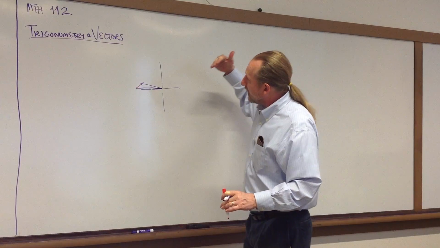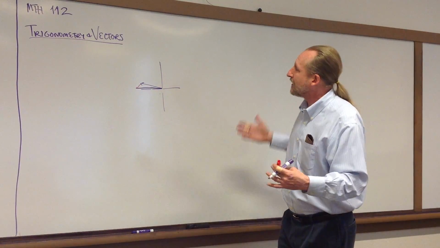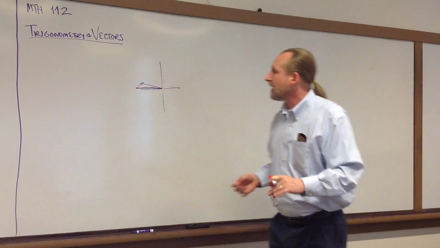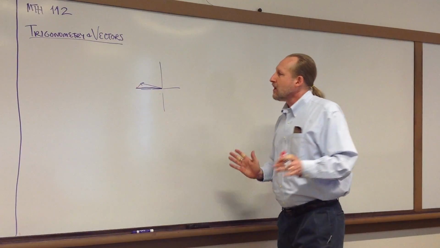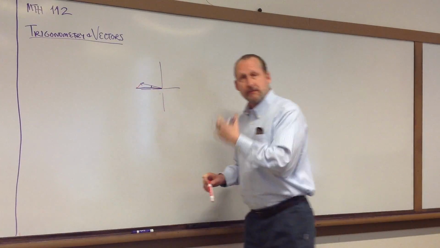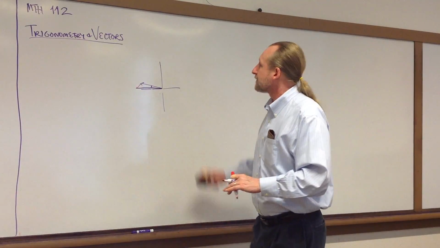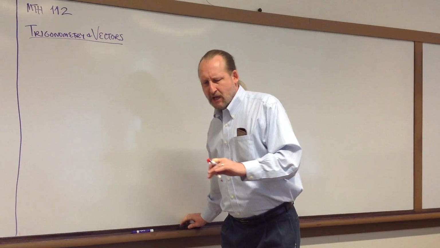Sometimes if an object has a headwind, it'll slow it down. If it has a tailwind, it'll speed it up. And if it's coming in from the side, it'll push it off course by a certain amount, depending on how strong the wind is. So let's look at some problems.